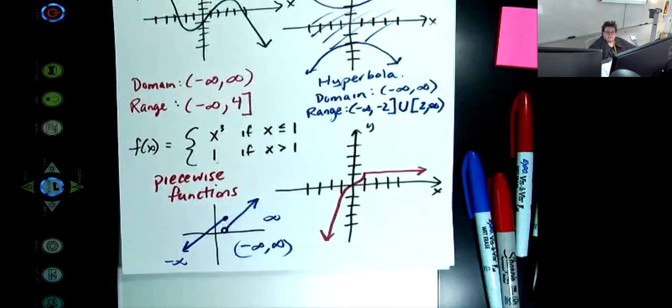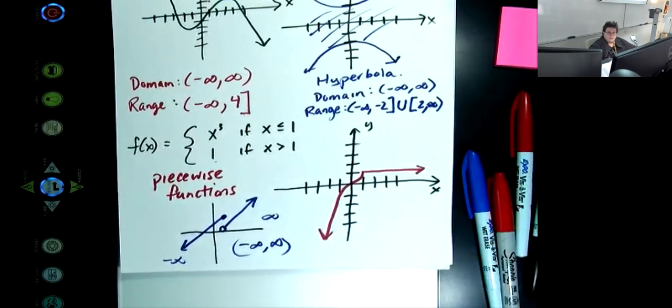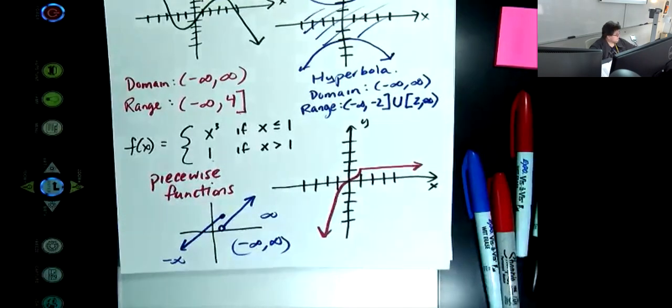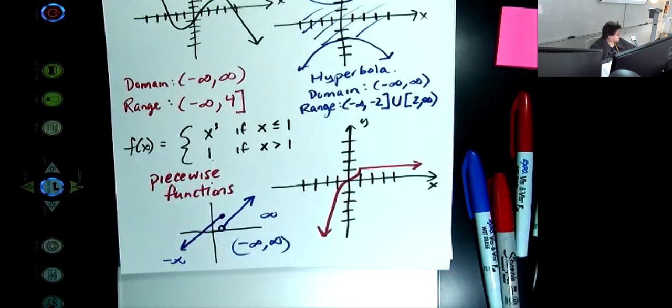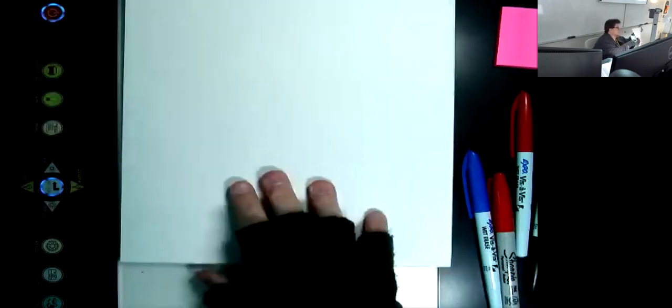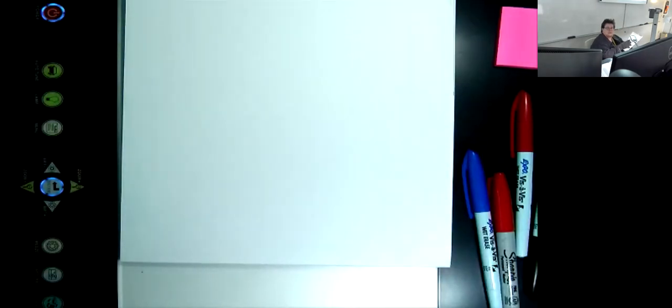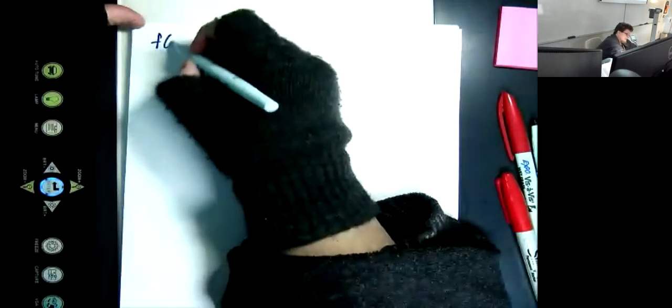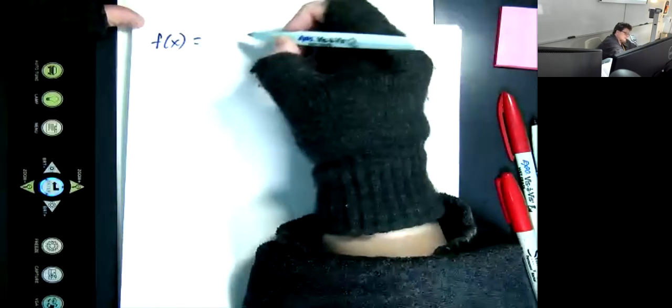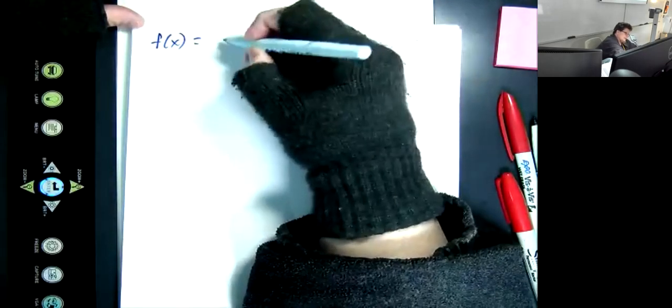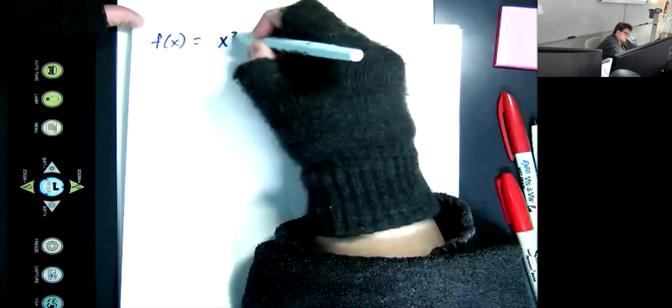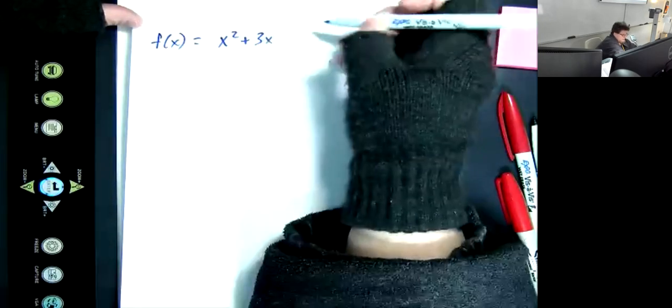Let's see, what else did we talk about? Do you guys want practice with evaluating functions, like plugging in a number and seeing what the value is? Sure. Okay. Actually, let's see. If I change it up something to make it fun. Let's say f of x equals x squared plus 3x plus 2.